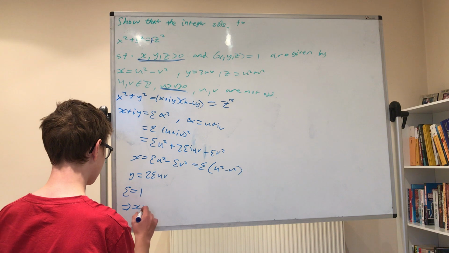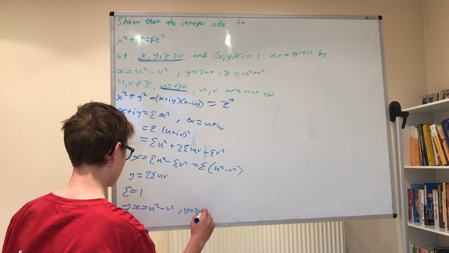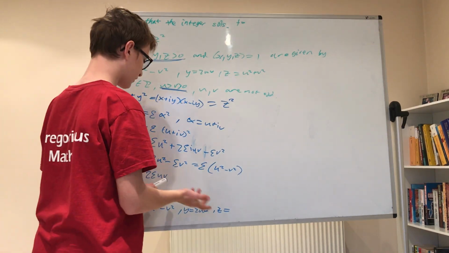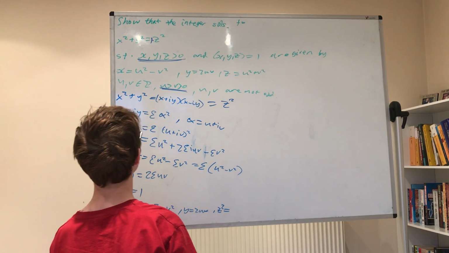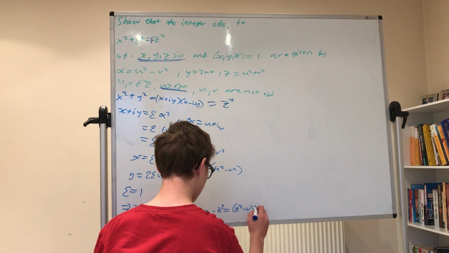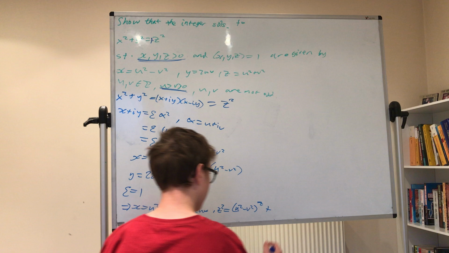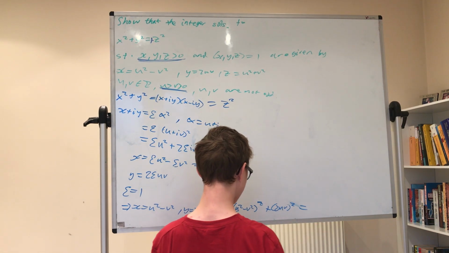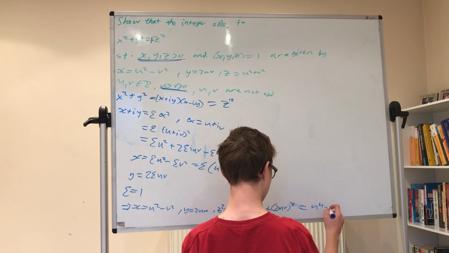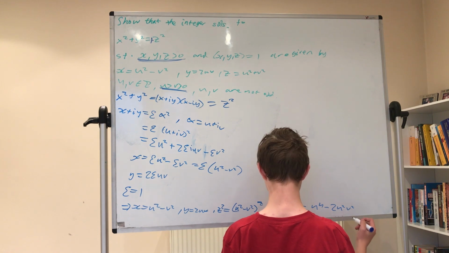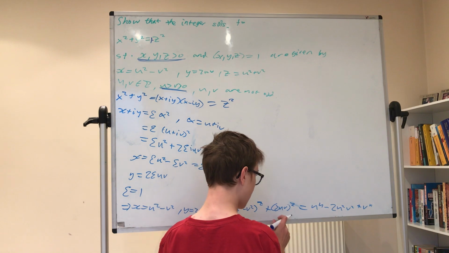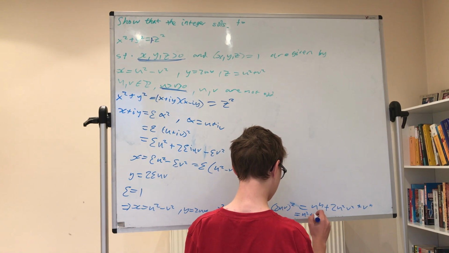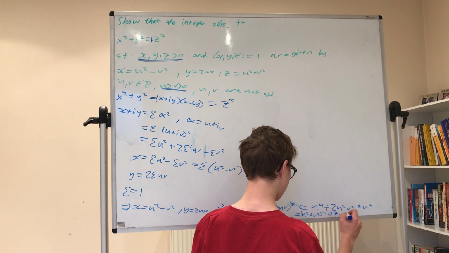And so therefore we have that x equals u squared minus v squared, y equals 2uv, and therefore z equals, well, let's just see, z squared equals x squared, which is u squared minus v squared squared, plus 2uv squared, which equals u to the power of 4 minus 2u squared v squared plus v to the power of 4, and then plus 4u squared v squared, and this equals u squared plus v squared squared, which means that z equals u squared plus v squared as required.